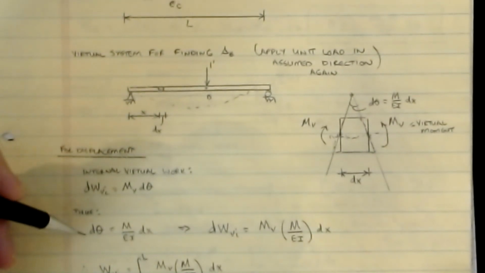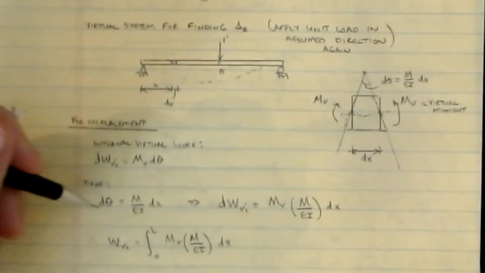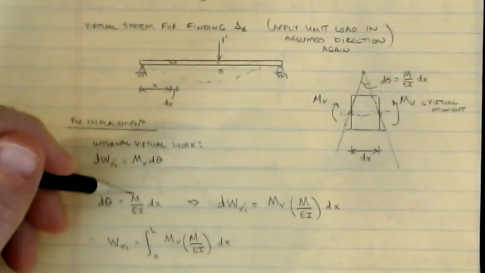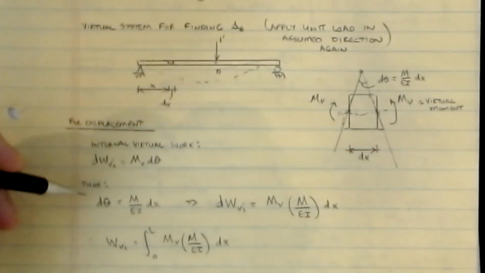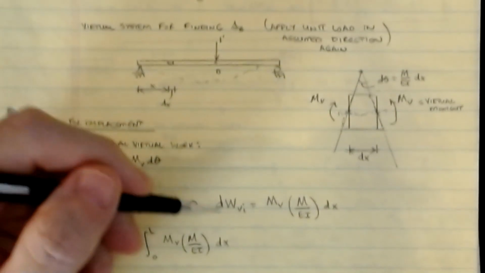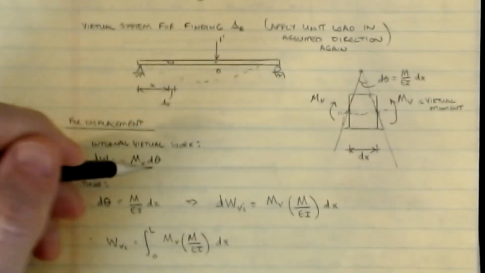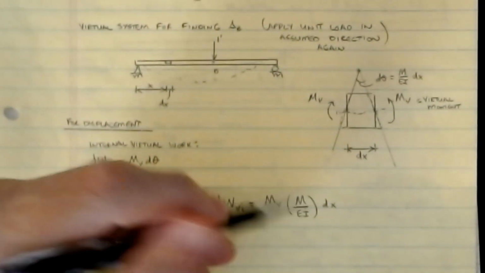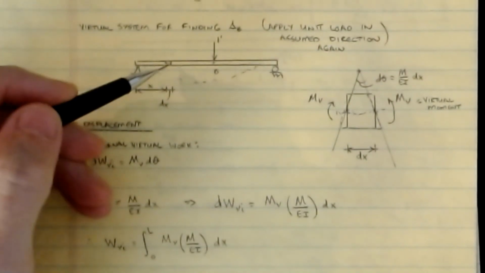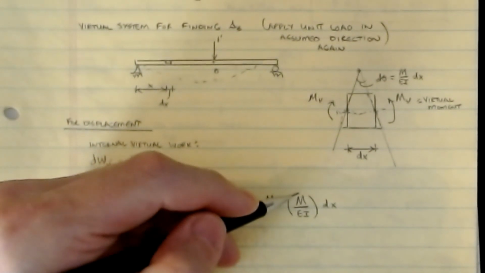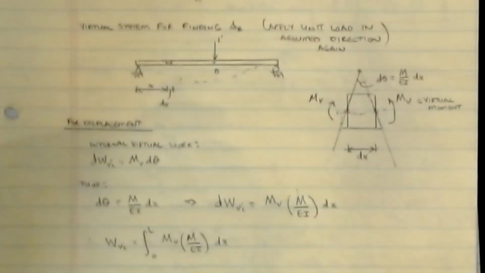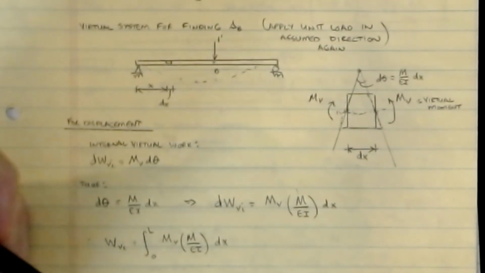If we know that d theta is the real moment over EI dx from our basic governing differential equation, then I can solve for the incremental work by substituting. For that little sliver, this dx element, the work done is the virtual moment times M over EI, where M is the real moment, multiplied by dx.